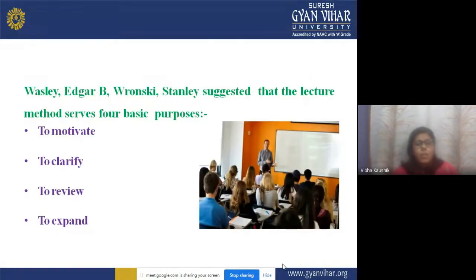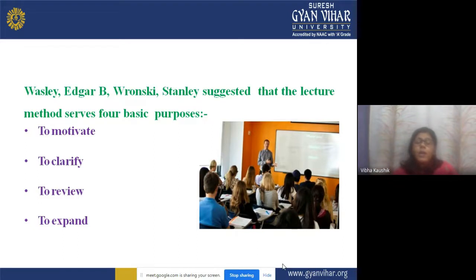Now, Wesley, Agaby, Gonski, Stanley suggested that the lecture method served four basic purposes. Now, first one is to motivate. Means it encourages the learner.